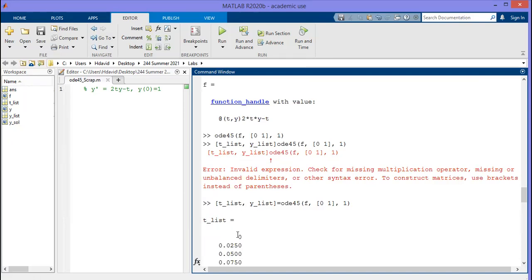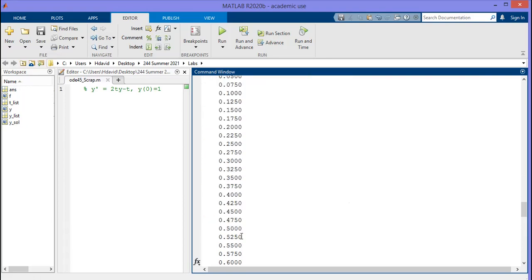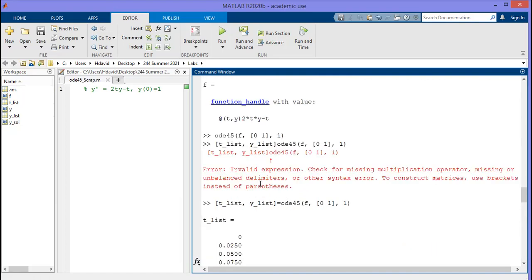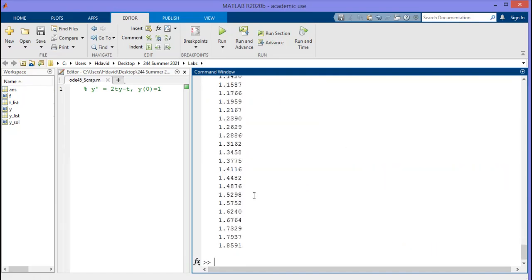So those points that we just saw graphed, those are these points. 0, 1, that's the initial condition. And then it calculated a whole bunch of time points and a whole bunch of y points, and it lists them vertically. And so you can see these numbers. But one thing you might want to do is graph them, where you might want to compare y to t.